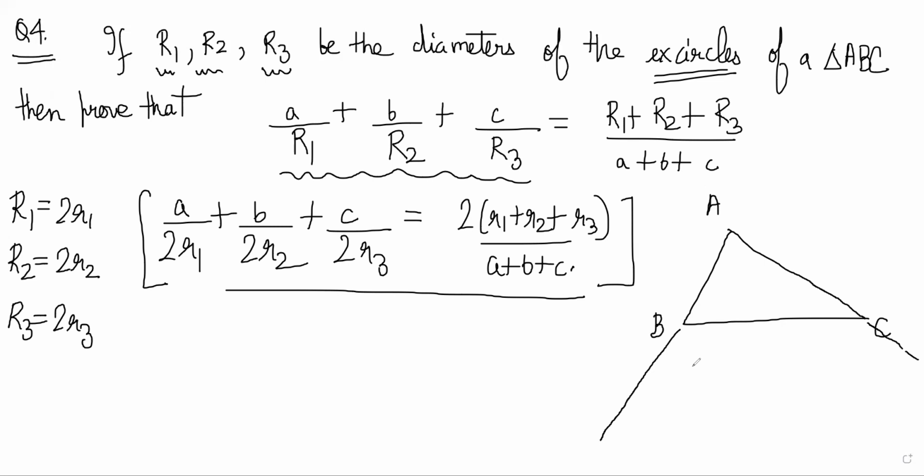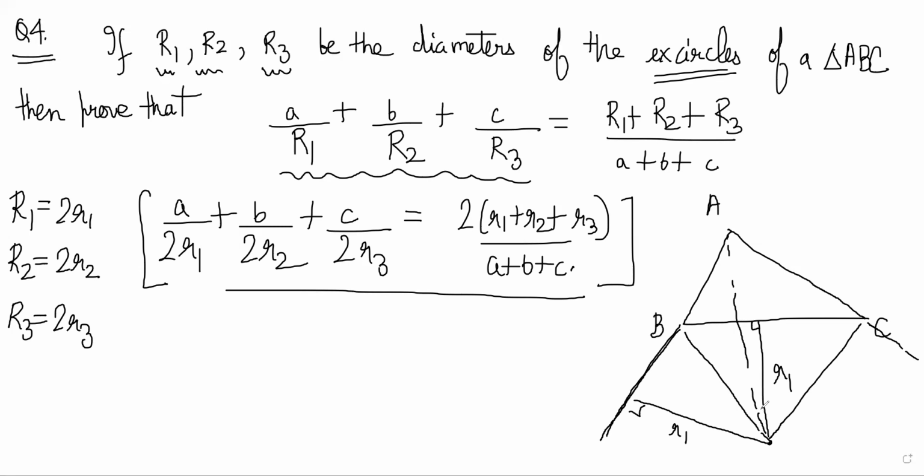This is my ex-circle, this outside one. So bisector, bisector, and this is my r1, correct? Yes, sir. This is my r1 and this is again a bisector.